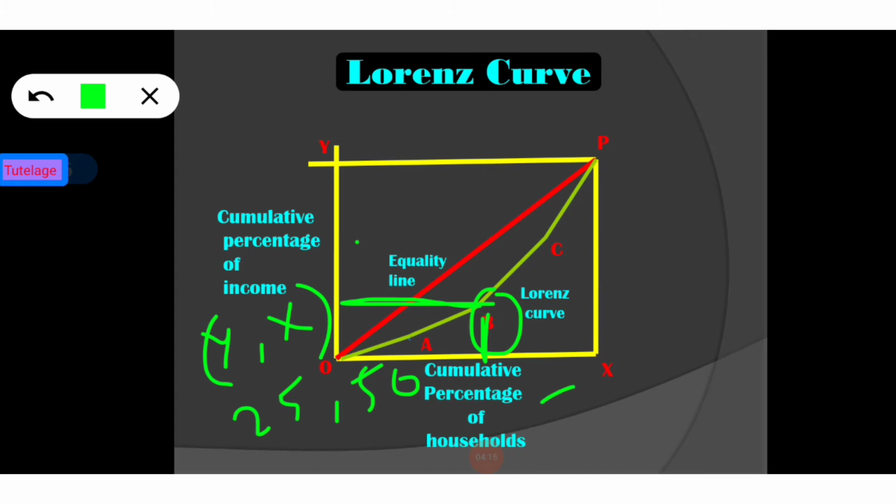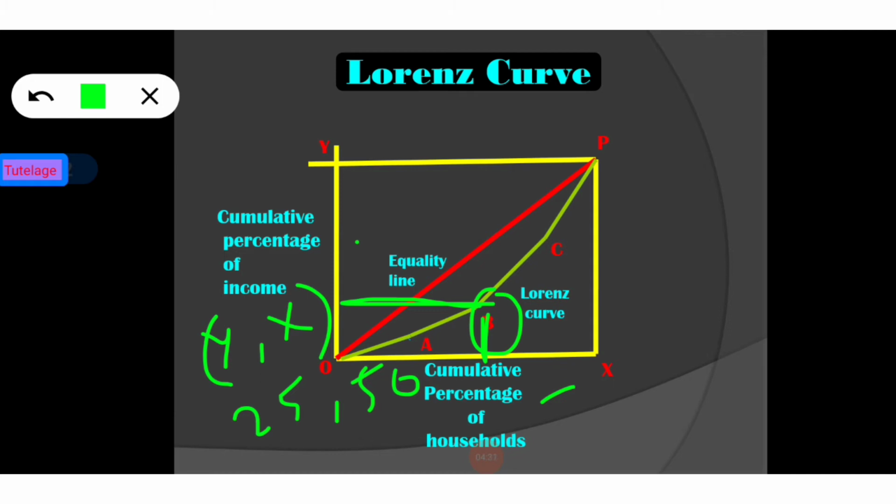So the point B indicates 50% of the households would get 25% of the total income. Clear? I think this is clear, and so on.